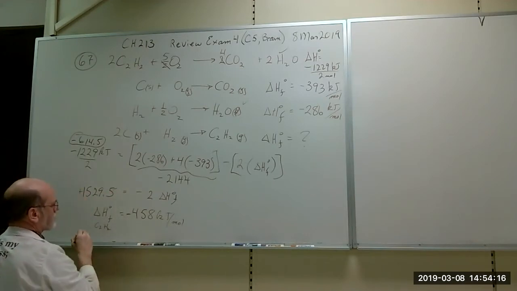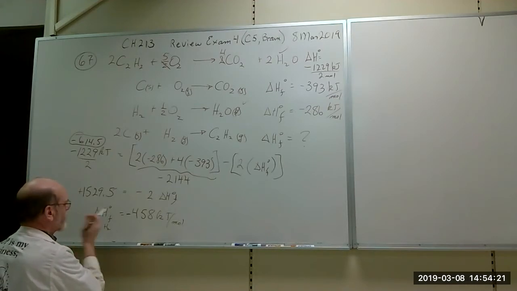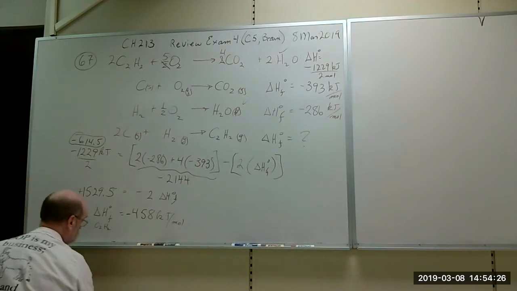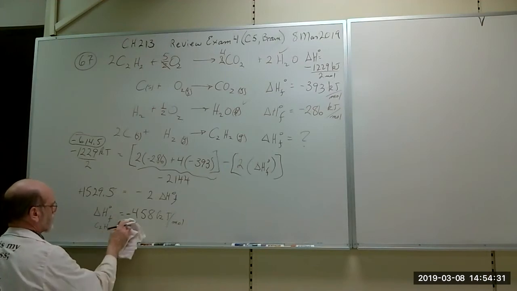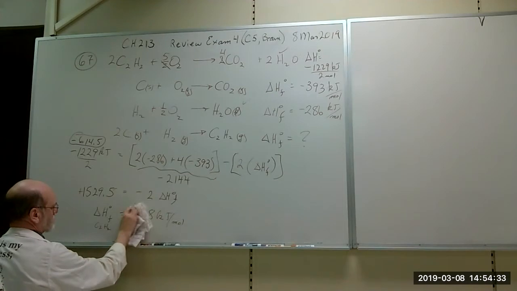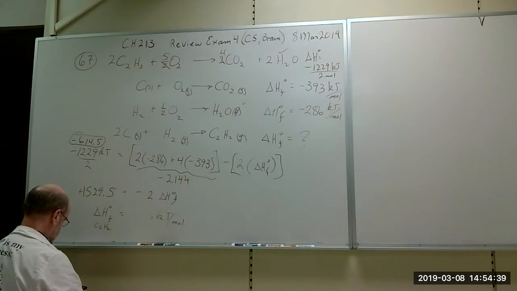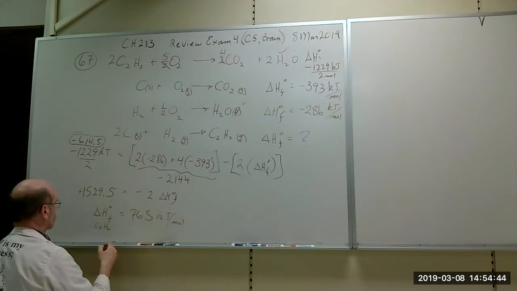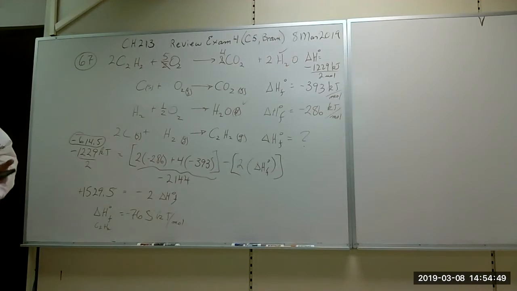Positive. That still gives me a negative value. That also gives me 4 times as much as I need. 765. So I just went from bad to worse. Okay, so I haven't figured that one out yet.